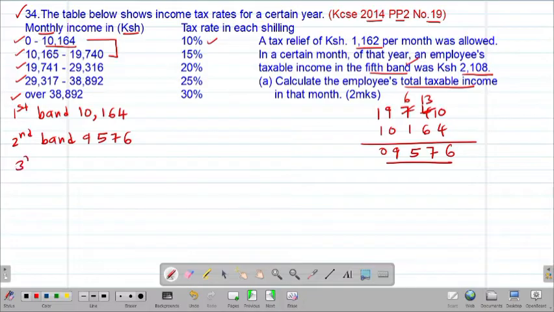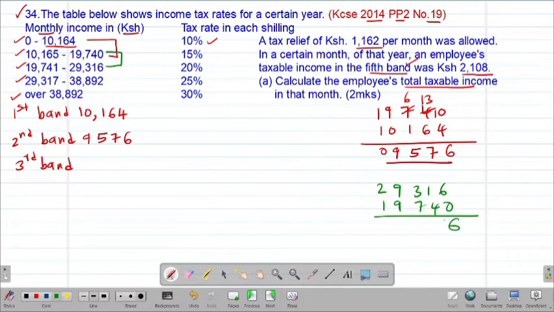We move to the third band. To get the taxable income in the third band, we are going to subtract these two, the difference between these two, which will be 29,316 minus 19,740. So this will be 6.